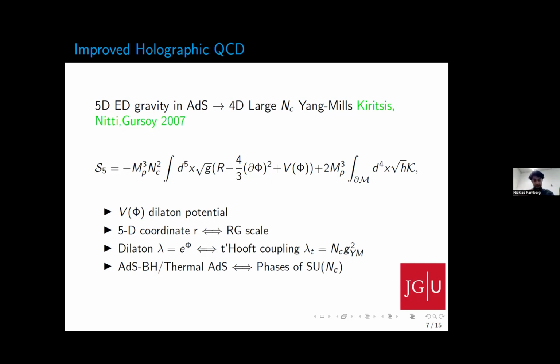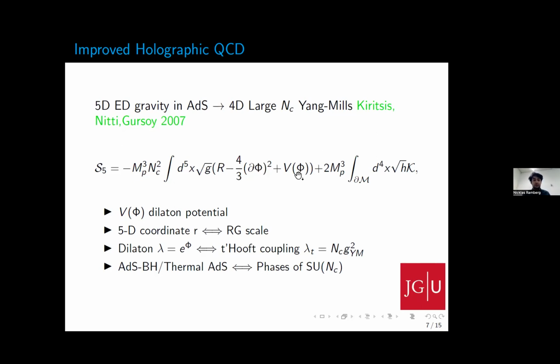And then, in this case, you do not necessarily know which string theory would have this associated low energy gravitational theory, for instance, for describing pure Yang-Mills. But assuming that there is a correspondence between an Einstein-dilaton gravity in AdS5 and 4D large N Yang-Mills, this model of improved holographic QCD was developed by Elias Kiritsis, Francesco Nitti, and Umut Gürsoy around 2007 or so, to a fairly large extent.